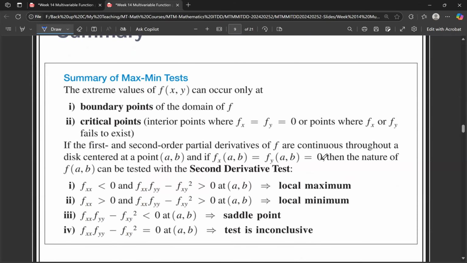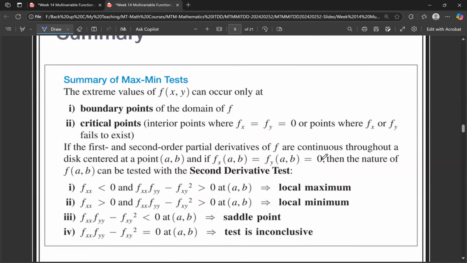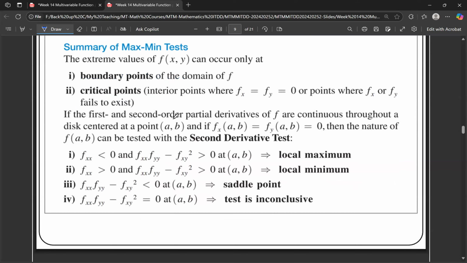This is how to find the maximum and minimum. First, we must know the boundary. The boundary means that we must know the domain of the function, and then we calculate the critical points.